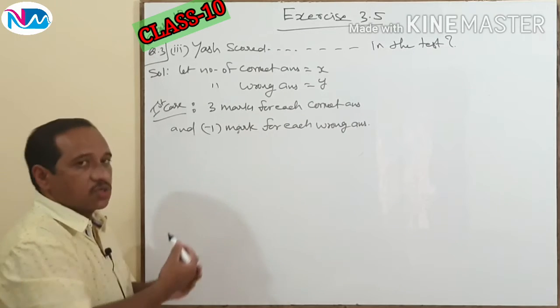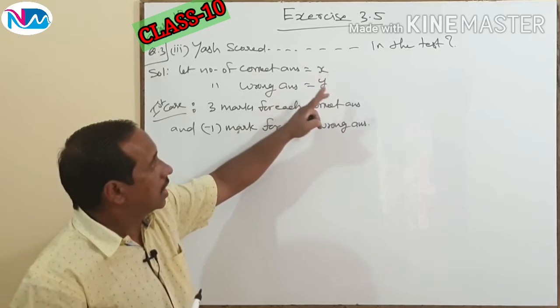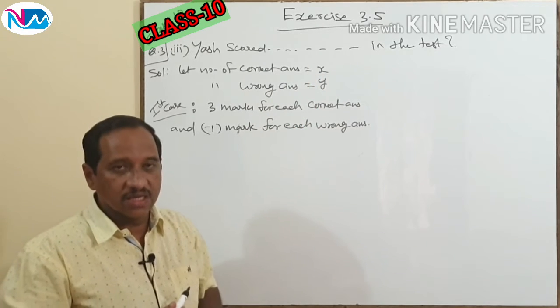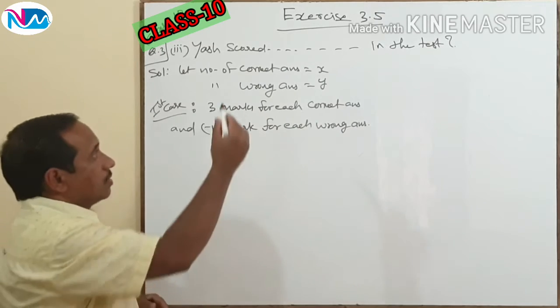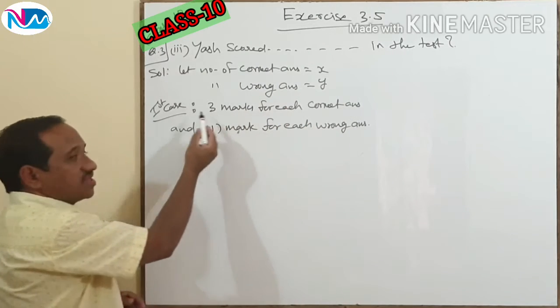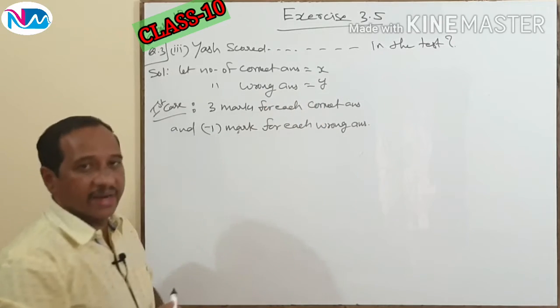So, according to this situation, since there are x correct answers and y wrong answers, the total marks is calculated by multiplying x with 3 plus y into -1.